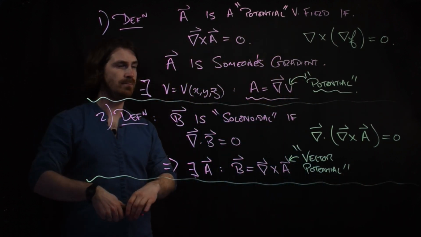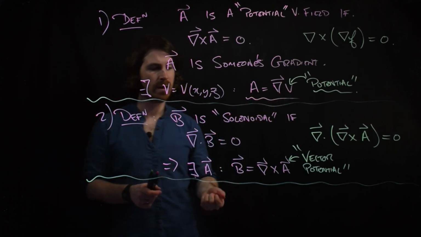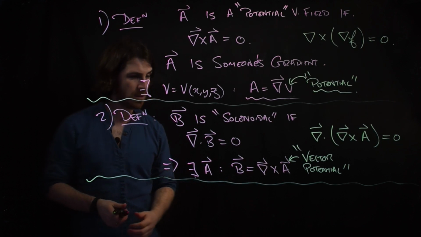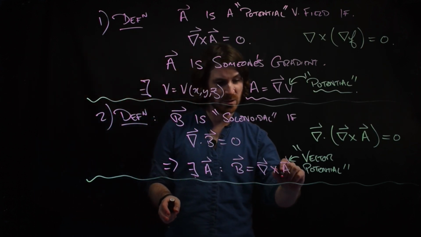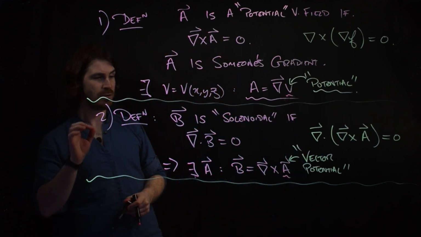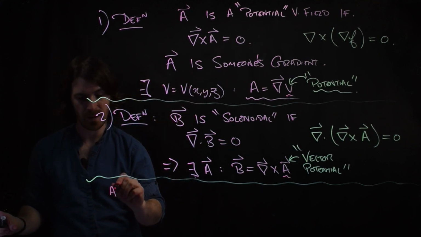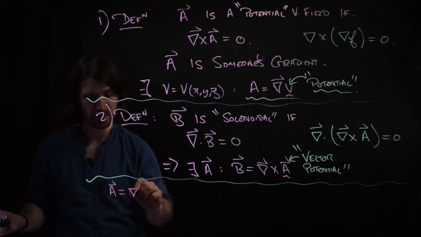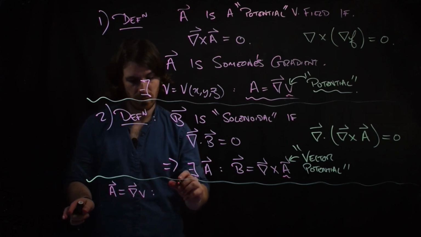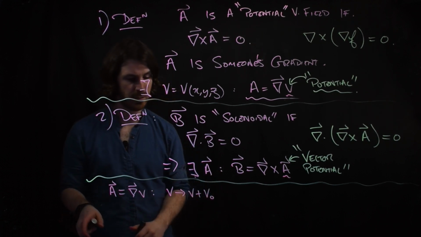So if curl A is 0, then we can write A as the gradient of some potential. And if div B is 0, then we can write B as the curl of some vector potential. But note, this vector potential A and this scalar potential V are not unique. Let's take the scalar case. A equals the gradient of the potential V. What if we replace V with V plus a constant V0?